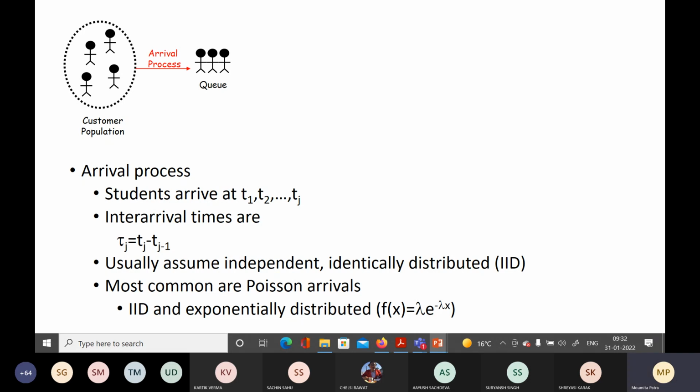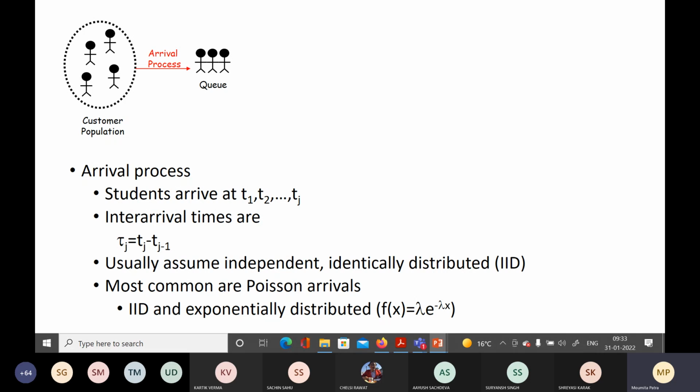Students arrive at different time instances, that is, at times T1, T2, Tj and so on. The inter-arrival time between these is given by tau j, equal to Tj minus Tj-1. The distribution we are talking about is the distribution of these inter-arrival times.